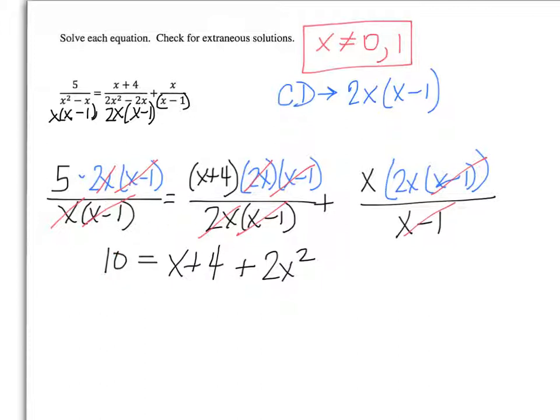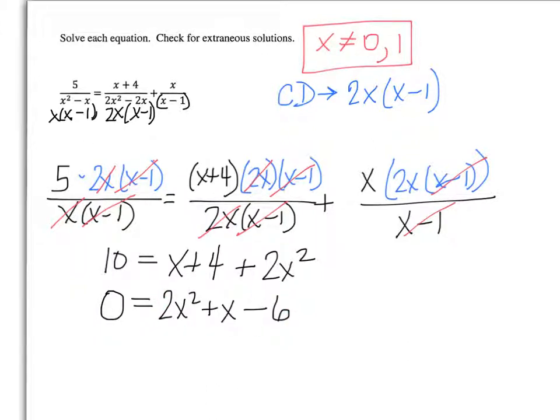My new equation becomes 0 equals 2x squared plus x, in descending order, and 4 minus 10, which is minus 6. My goal was to get a quadratic that I can either use the quadratic formula on to solve for x, or in this case I can factor.